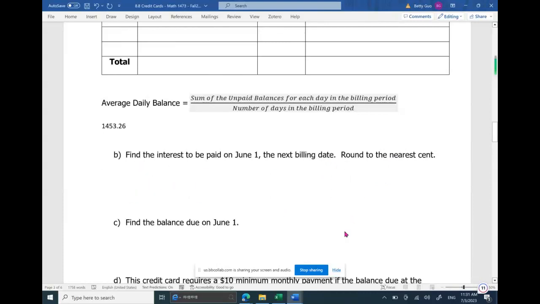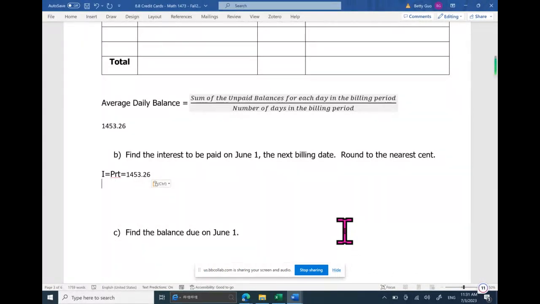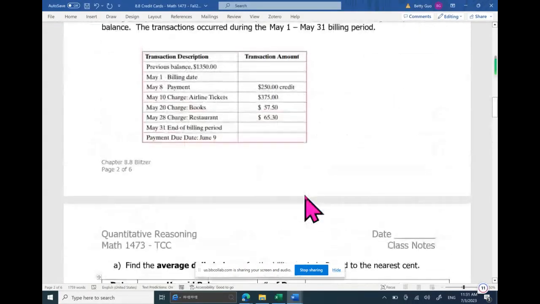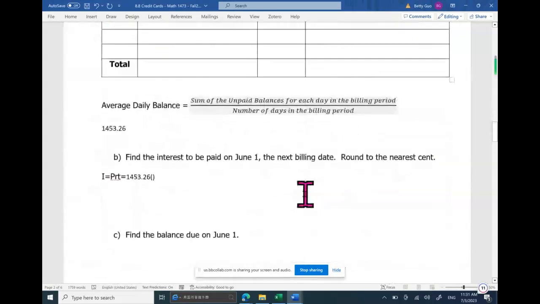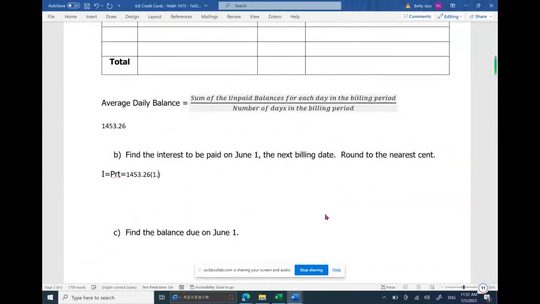Remember the formula for finding interest: I equals P times R times T. P is the average daily balance, and your R is the monthly interest rate, which is given, 1.3%. You convert the percent to its equivalent decimal, 0.013, and then multiply by 1 month. You only consider 1 billing cycle.